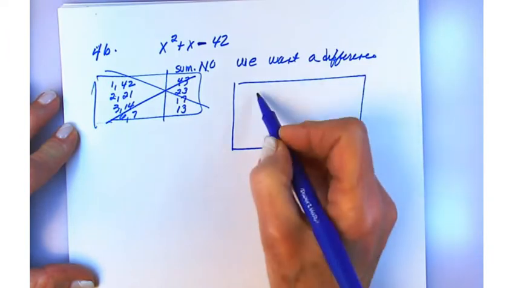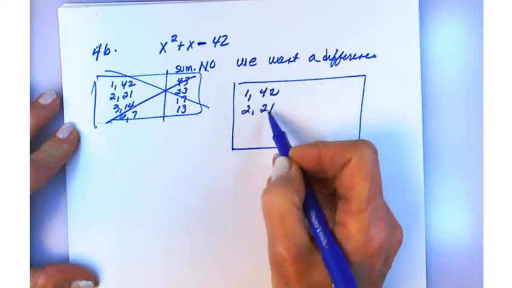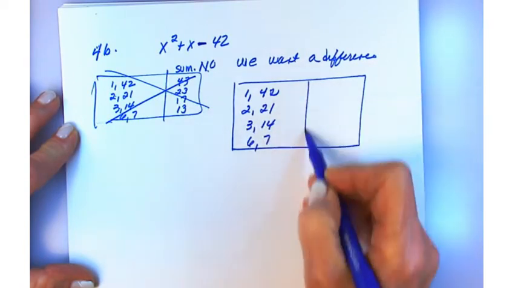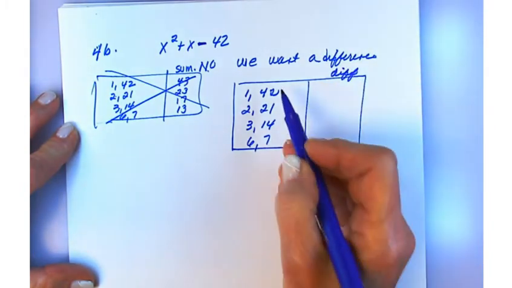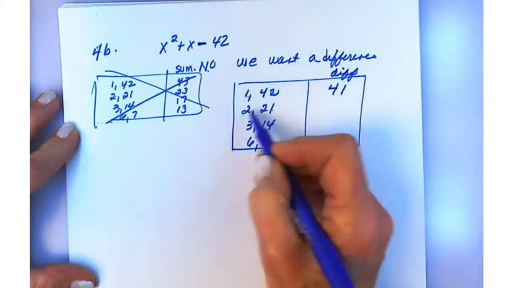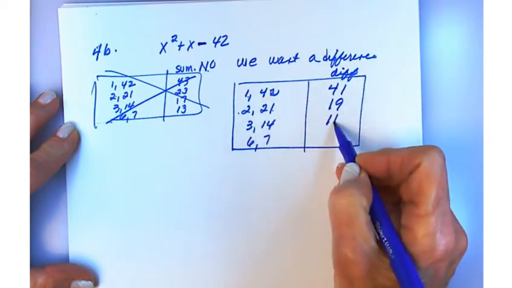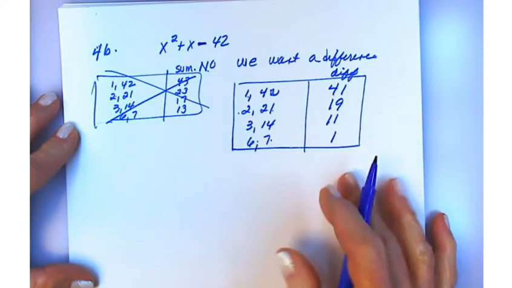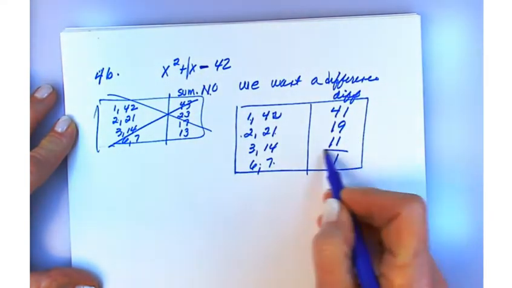So we have 1 and 42, 2 and 21, 3 and 14, 6 and 7. We're looking at the difference. 42 minus 1 is 41. 21 minus 2. 14 minus 3. 7 minus 6 is 1. So we look up here, we see that we want a 1. So we're looking for 6 and 7.